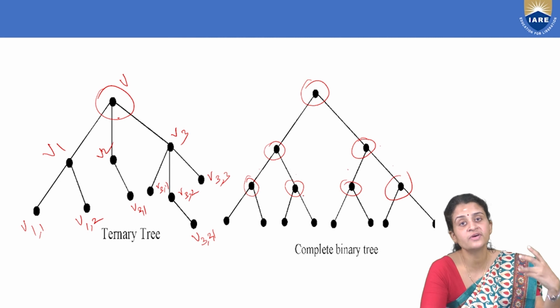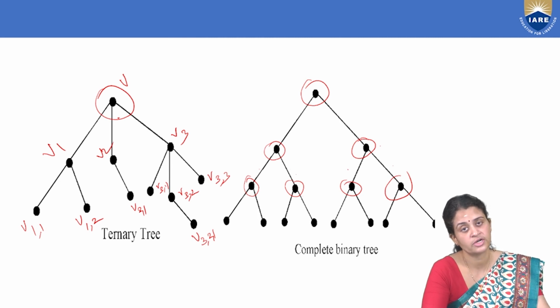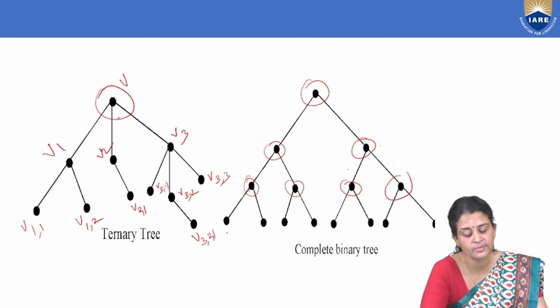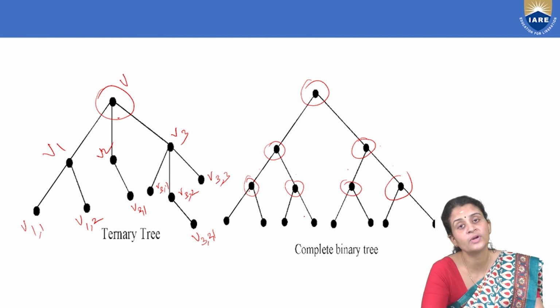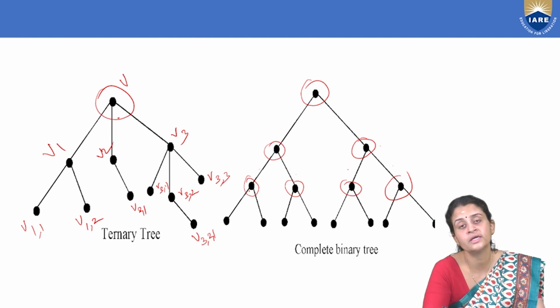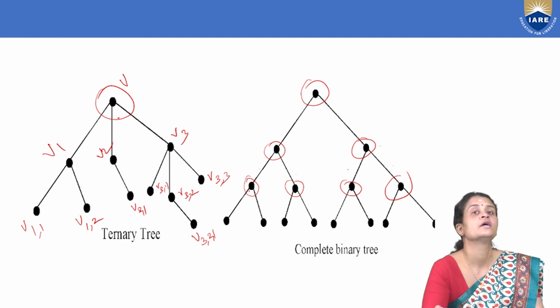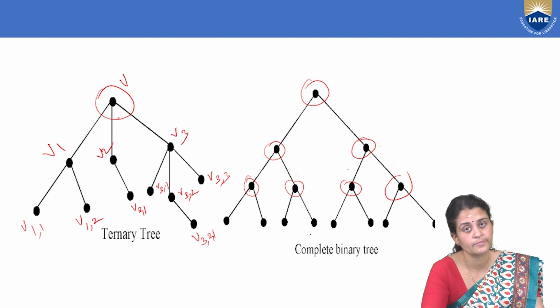That is, every internal vertex is having 2 children in the next level. So these are all internal vertices, and every internal vertex is having 2 children. Then this tree is called a complete 2-ary tree, or when 2-ary is coming, it is termed a binary tree. So it is a complete binary tree.